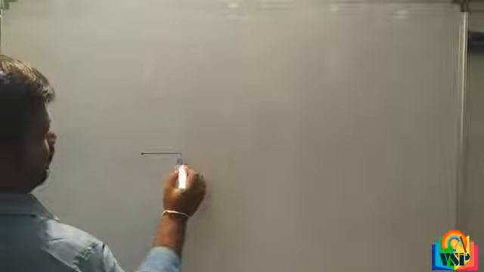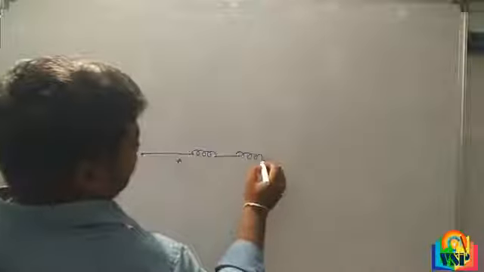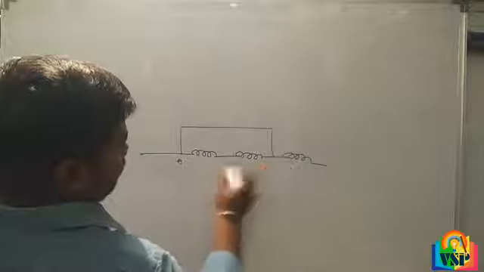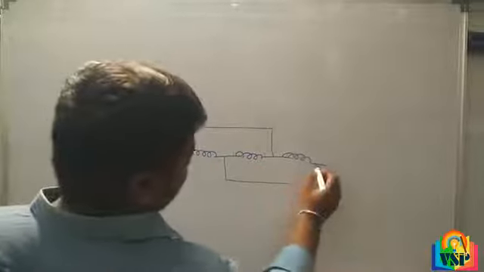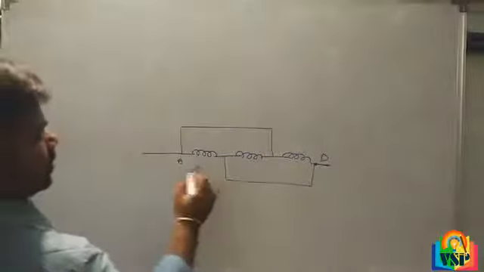In this problem, they gave one circuit diagram. They gave 3 self-inductors. The circuit diagram looks like this, with points A and D, and 3 Henry.